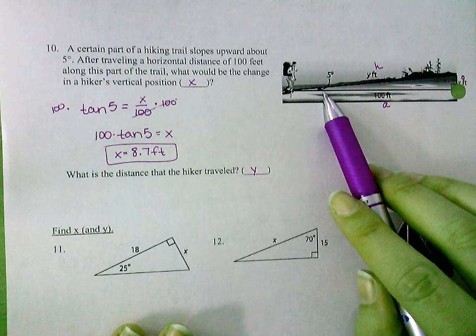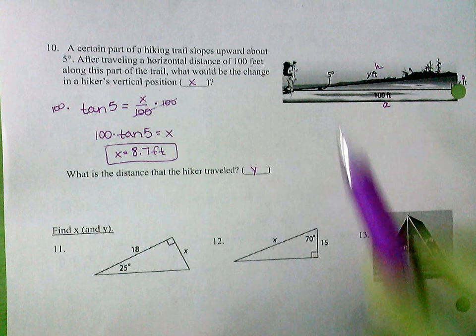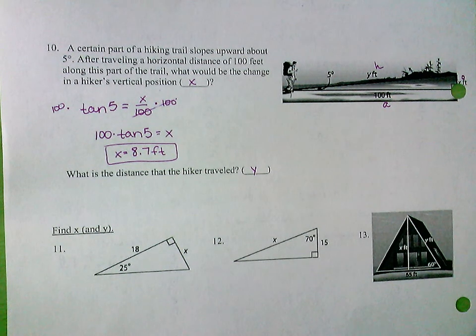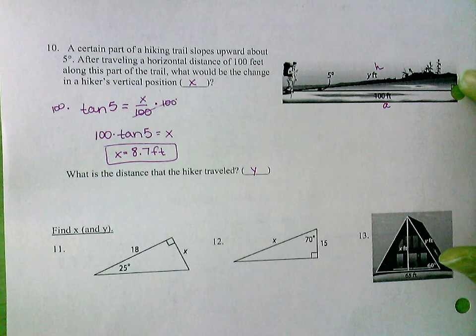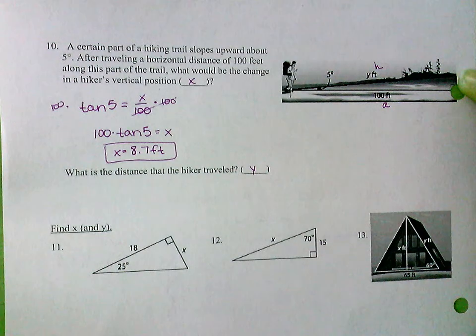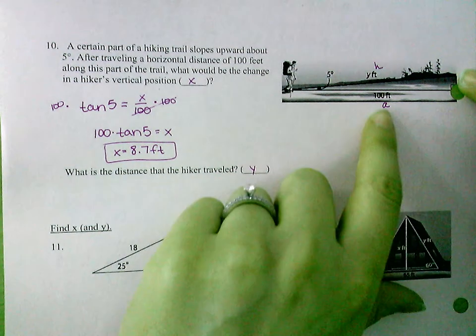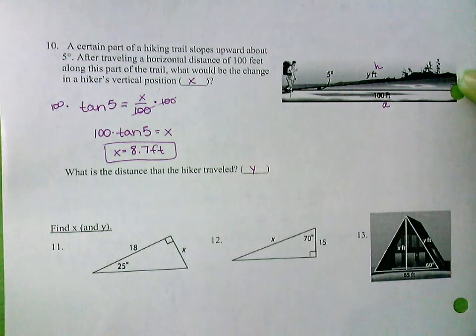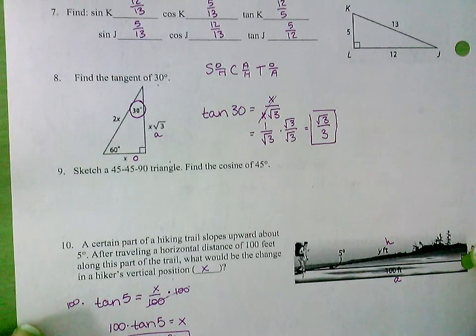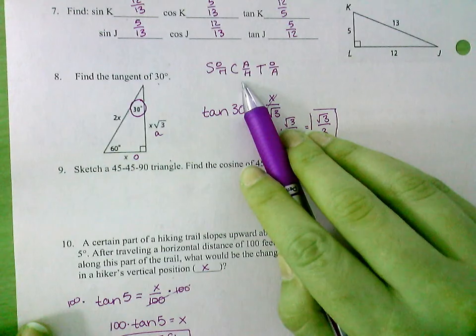Now again, looking at our picture, we have to decide which one of our trig ratios to use, sine, cosine, or tangent. I'm not going to use this x value here because I rounded to get that. So I have adjacent and hypotenuse. And looking at SOHCAHTOA, we're going to use cosine.